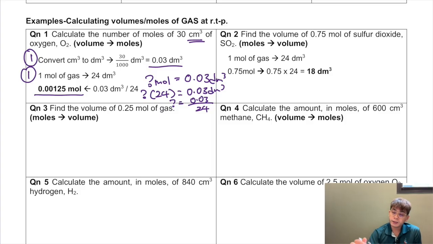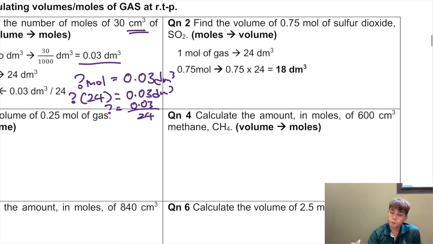Next, find the volume of 0.75 mole of sulfur dioxide. Step 1, molar volume again. For molar mass I need to calculate: 1 sulfur, 2 oxygen, add them up together to find the mass. But molar volume is just the volume of 1 mole of gas, and 1 mole of any gas is always 24 dm cube.